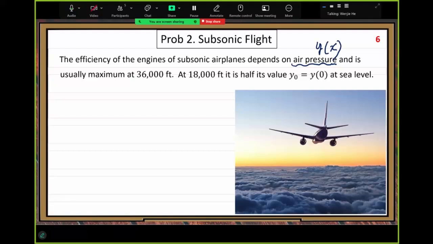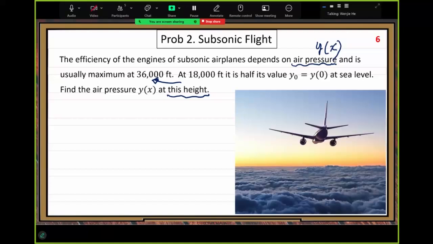That's the condition. Then the goal: we need to find the air pressure y of x at this height. This height means the maximum height, 36,000 feet. Let's solve this problem.